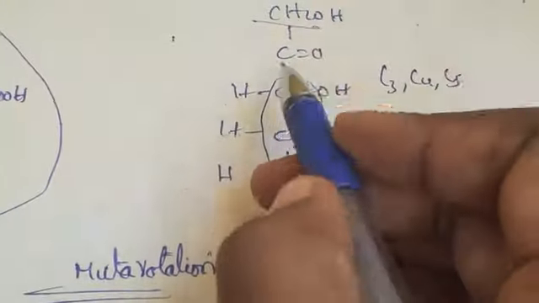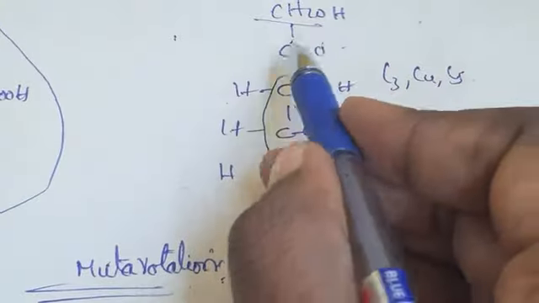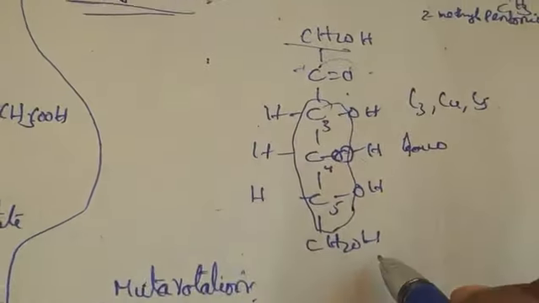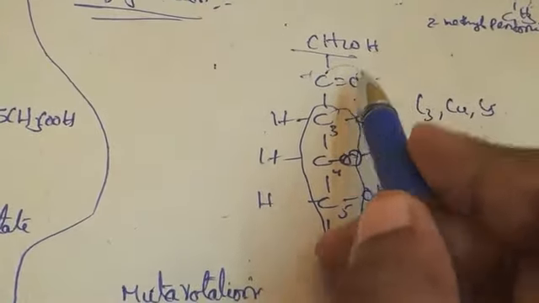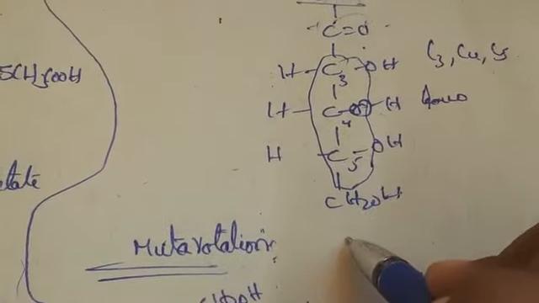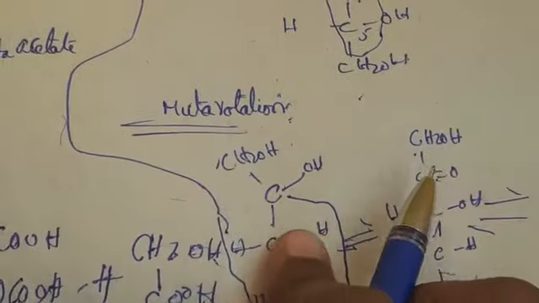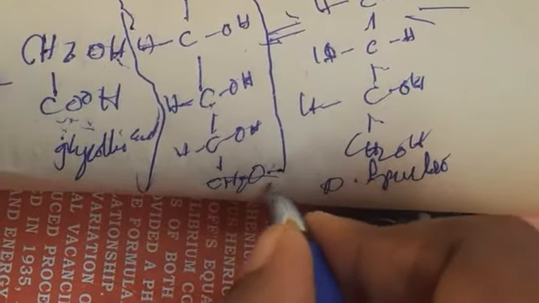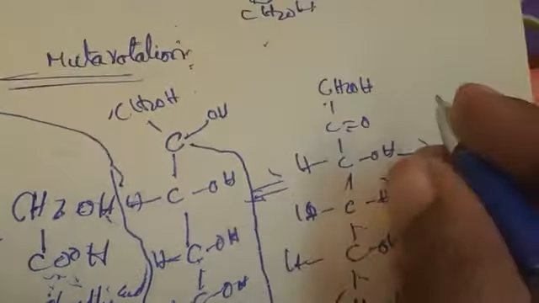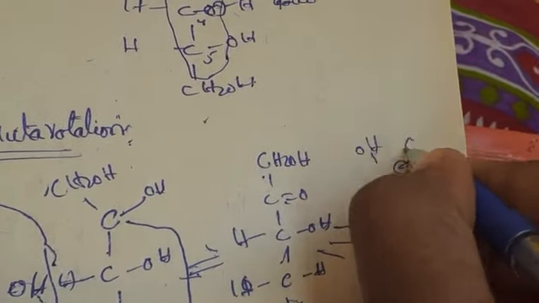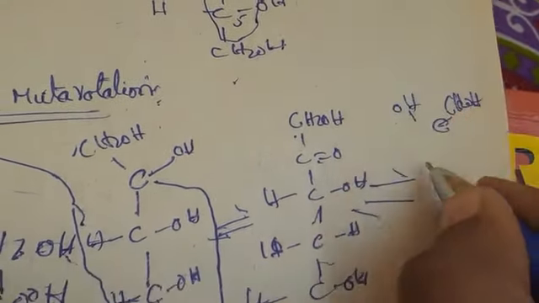So when I turn the bond here, minus charge here, plus charge there. To this minus charge H plus will go and add. So bond formation takes place here. The OH group is on the right side, so we call it the alpha form. If the OH is on the left side, we call it the beta form here.